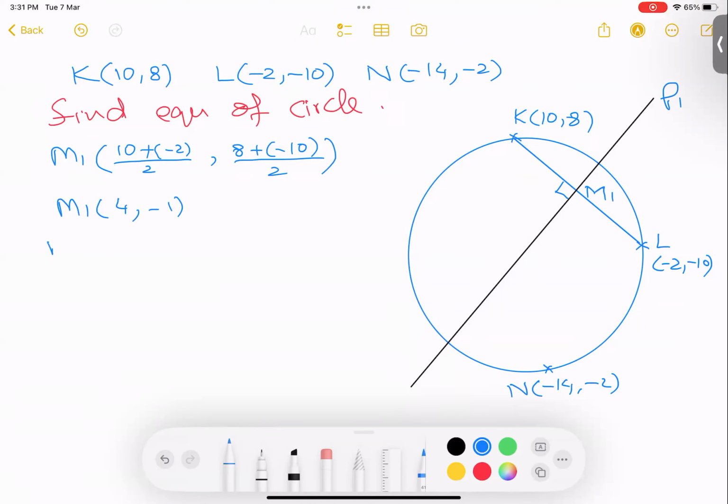Okay, now I'm finding the gradient of the KL line: y2 minus y1 over x2 minus x1. So in the numerator, I'm getting 18 divided by 12. So 3 by 2. So this blue line has gradient 3 by 2, and the black line is the negative reciprocal. So the gradient of the P1 line is -2 by 3. Equation of perpendicular bisector.